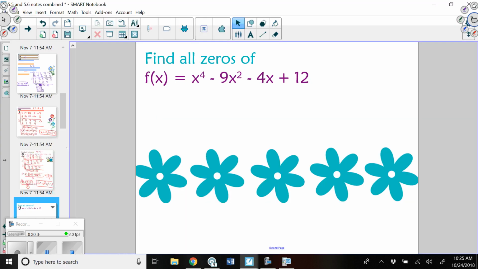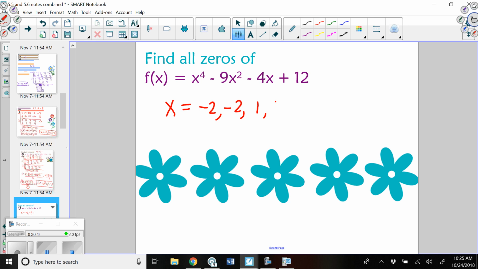So do I have to do synthetic? No. -1, wait, was it -1? -2? I totally forgot when I went away from it. 1. So do I have to do synthetic at all? No, I found all my answers just by looking at the graph, and I'm good.